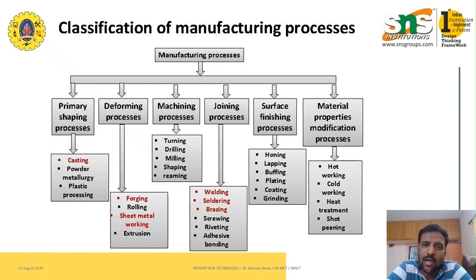Then the deforming process follows forging, rolling and extrusion. Such metal working processes are done over the raw materials. In machining, we use turning, drilling, milling, shaping, forming and planing.